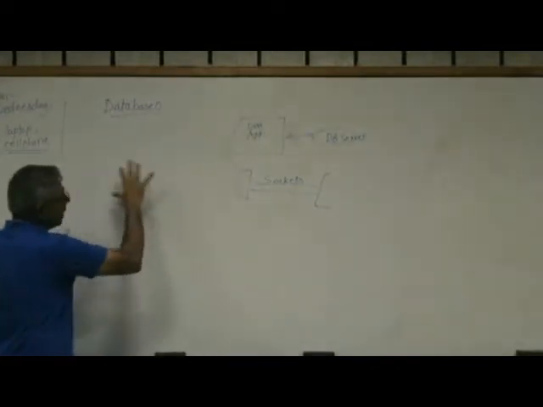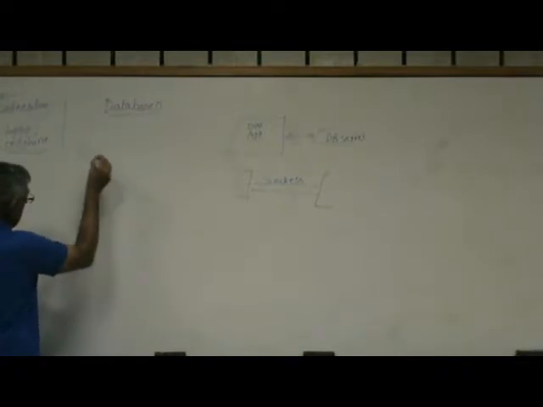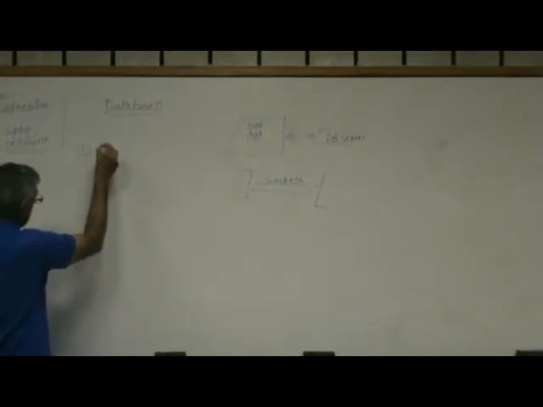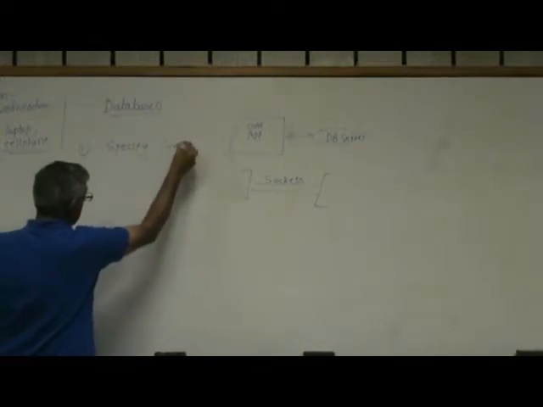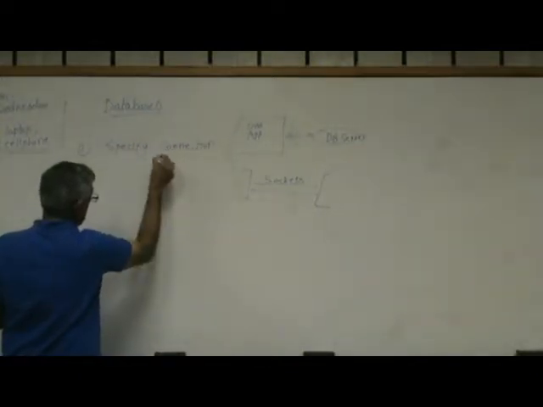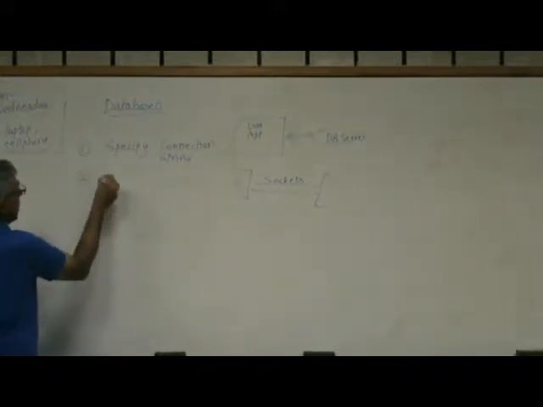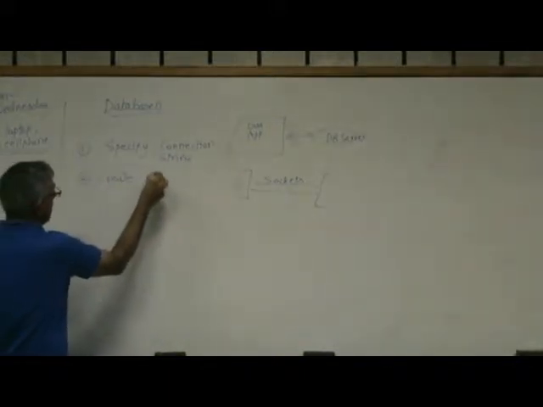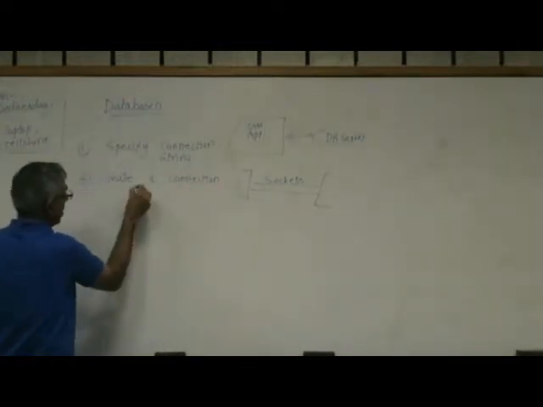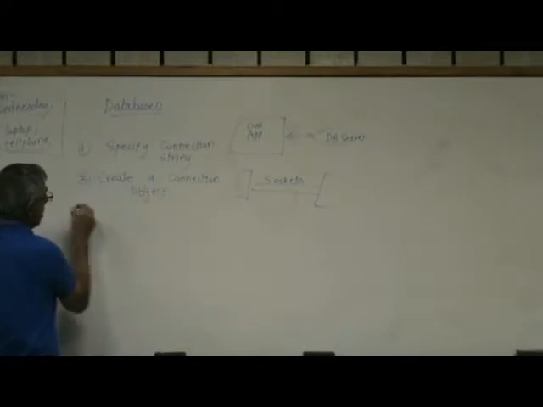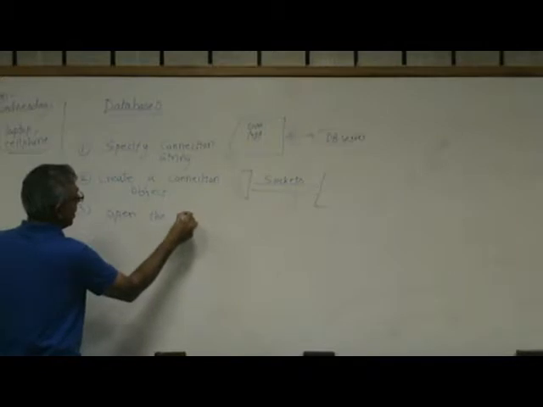When we write our database code, our typical code goes like this: Number 1, specify a connection string to the database. Number 2, create a connection object. Number 3, open the connection.